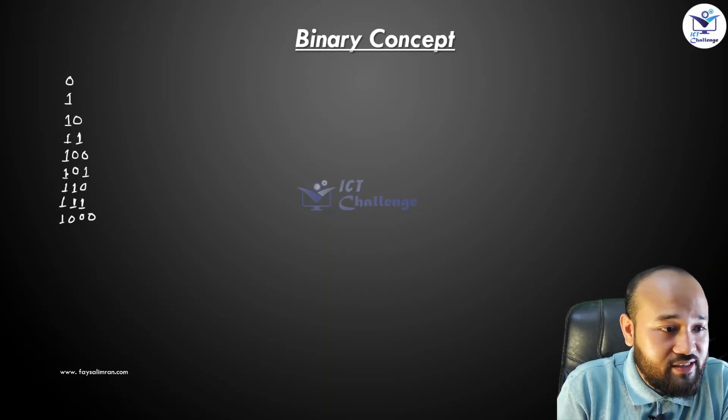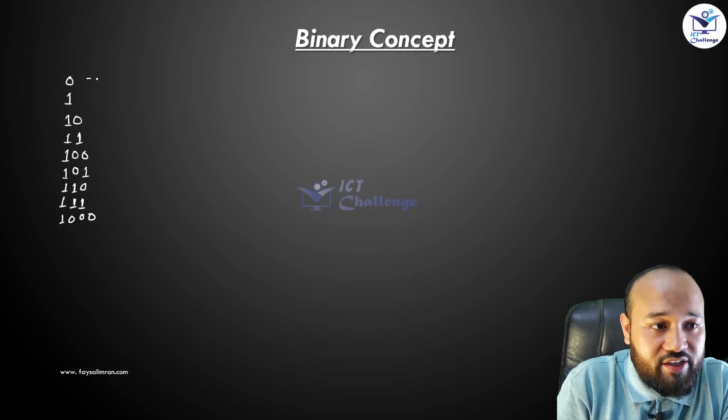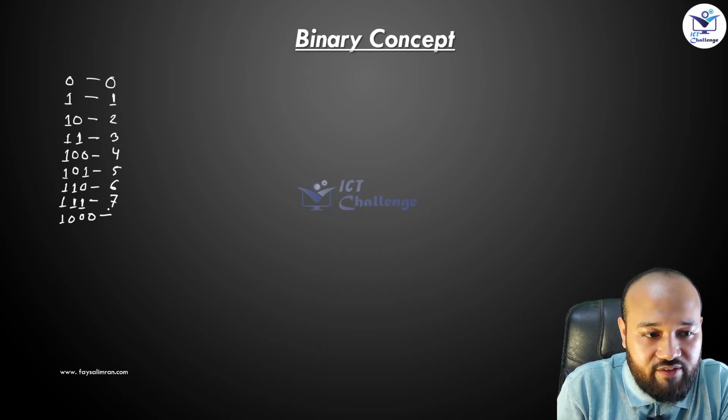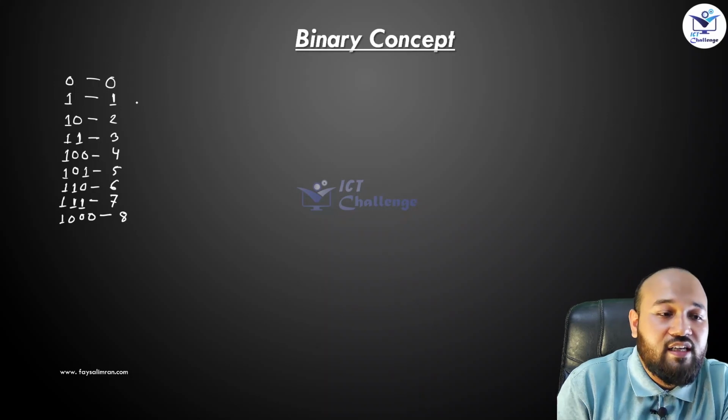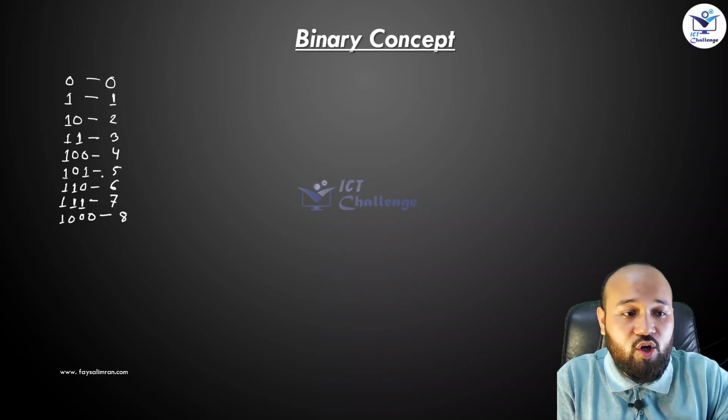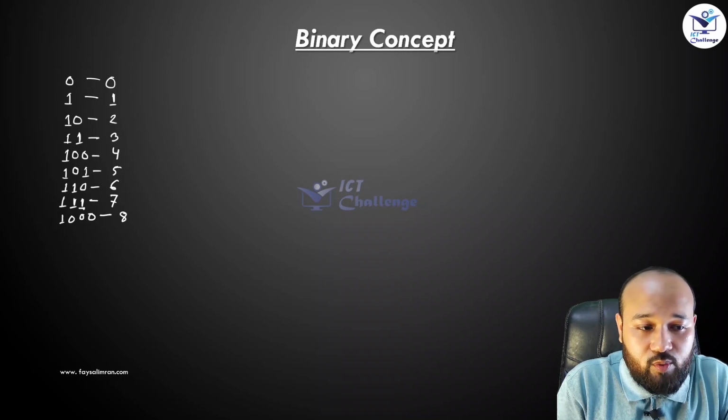If we write down these binary digits, we already know the decimal numbers for them: 0 for 0, 1 for 1, 10 for 2, 11 for 3, 100 for 4, 101 for 5, 110 for 6, 111 for 7, and 1000 for 8. This is the concept of how we get the binary number system. So for 7 we will get 111.